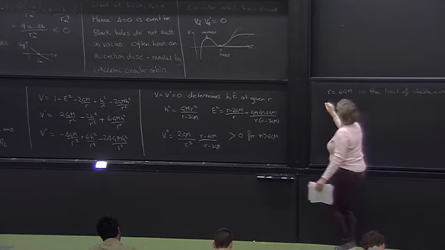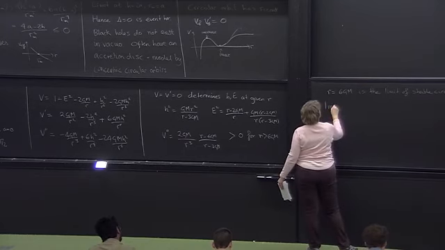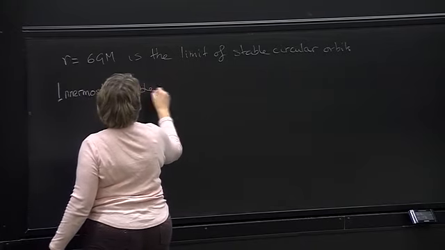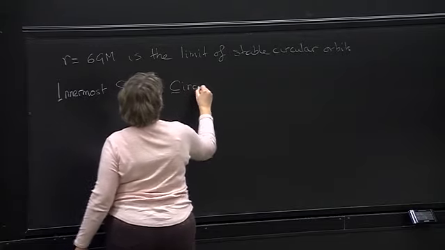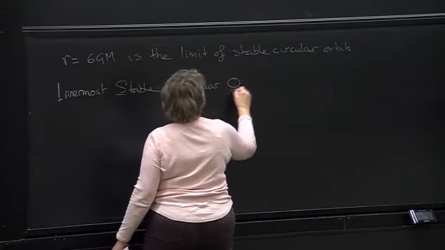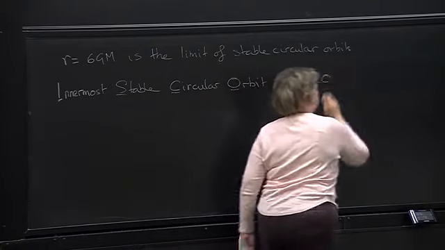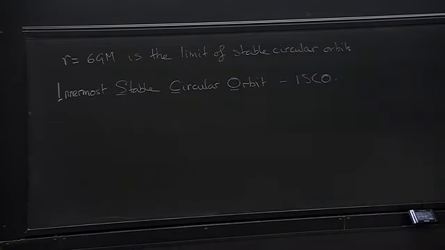So it's called the innermost stable circular orbit, or ISCO for short. If you're thinking about observing an astrophysical black hole, this is an important quantity.